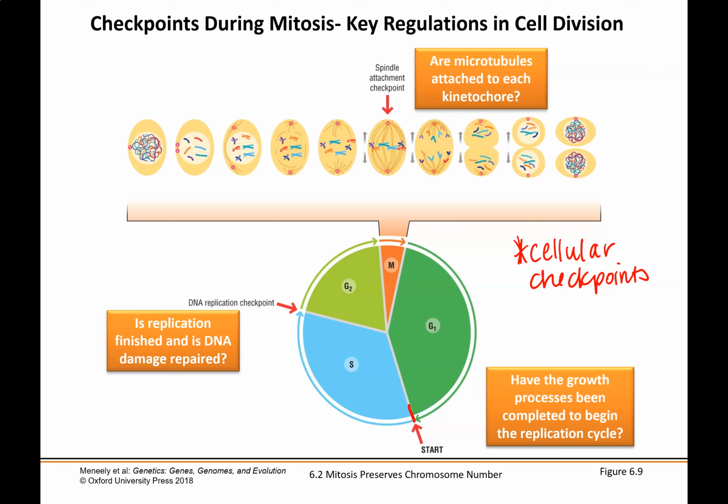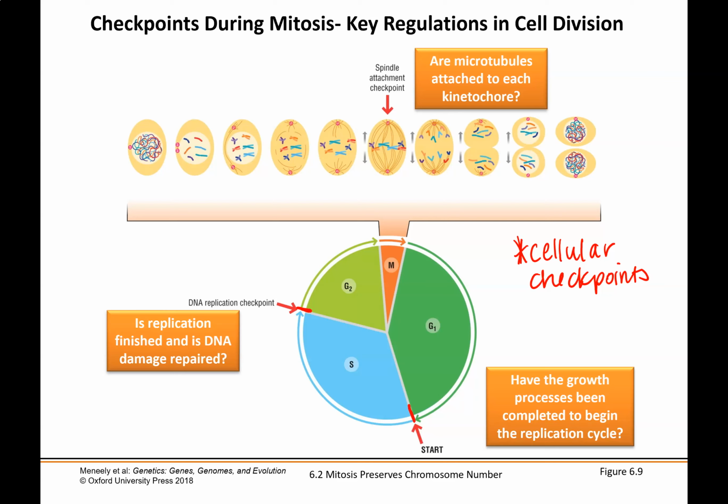Then in S phase, DNA replication occurs, and then we have a second checkpoint in preparation for mitosis. That checkpoint evaluates if DNA replication has finished, and if there's any damage in the DNA molecules in the chromosomes that needs to be repaired. This is when your DNA proofreading enzymes are going to be working.